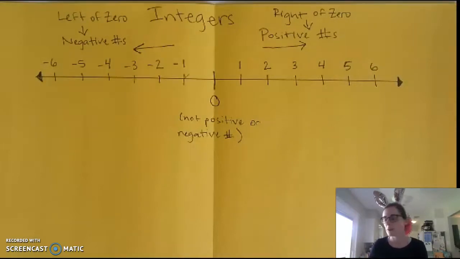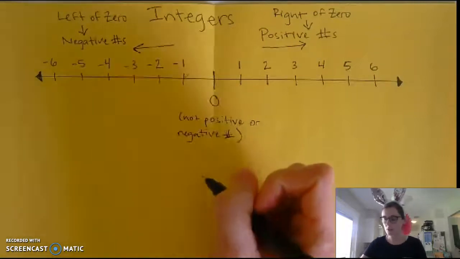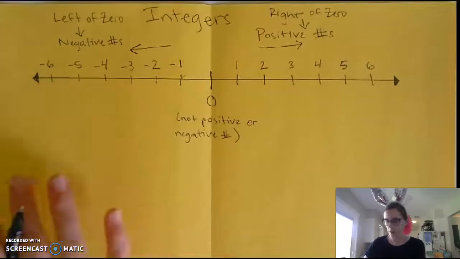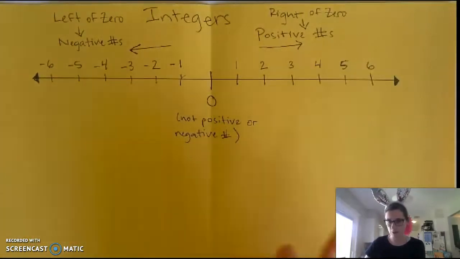Okay, so let's get into the vocabulary around this, because as 6th graders you're going to see most of our work relating to integers in story problem form. So I don't want anything to really be a surprise to you as you are reading. On your paper from yesterday, the bottom part is just going to be vocabulary.